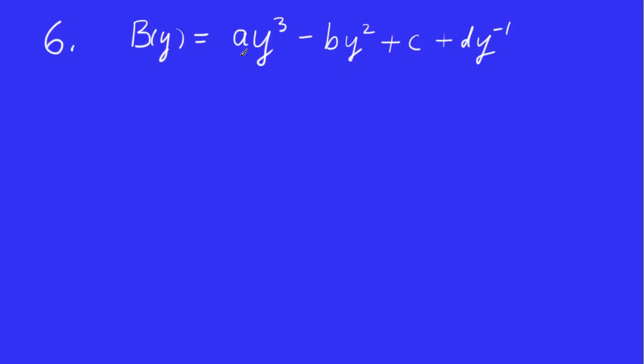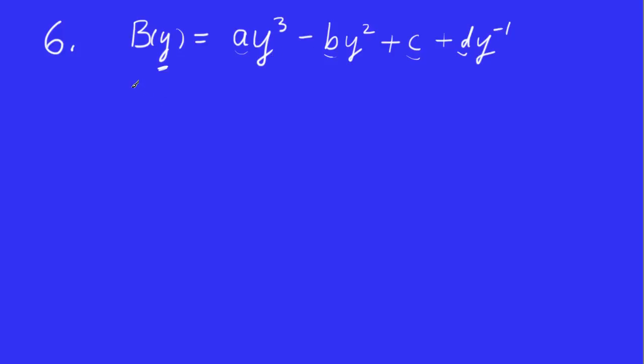When you look at this, it maybe looks weird with all these letters, okay? What you need to identify is the independent variable, which is y. These a, b, and c, d, etc., those should be considered as just numbers, okay? Treat them as you would treat any number like 5 or negative 3 or whatever.